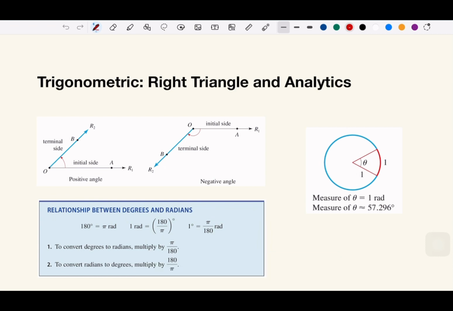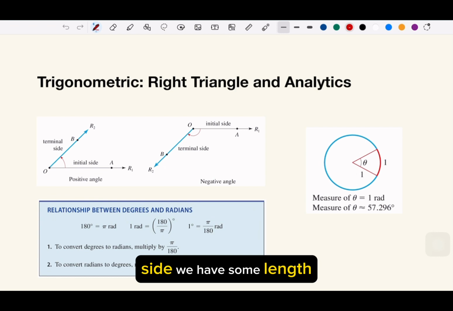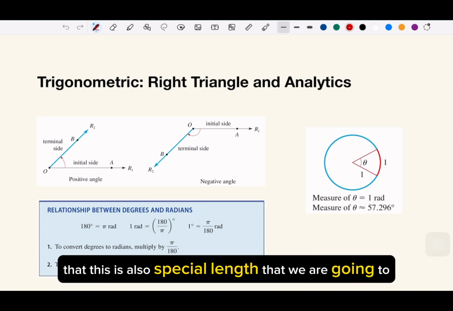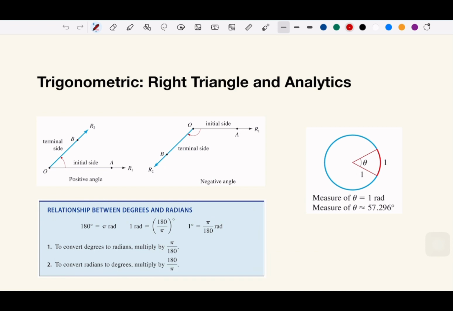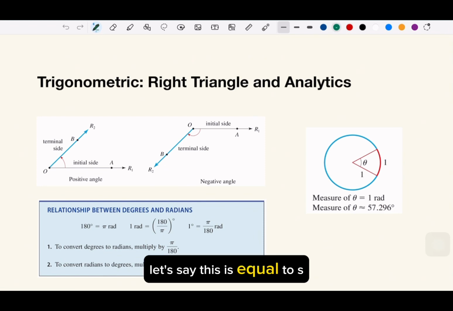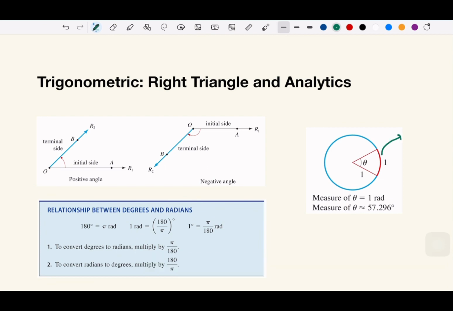Okay. And also regarding this circle, if we cut this and stretch this side out, we have some length. That is also a special length that I think we are going to see a lot later on in calculus. So let's say this is equal to S. Okay?